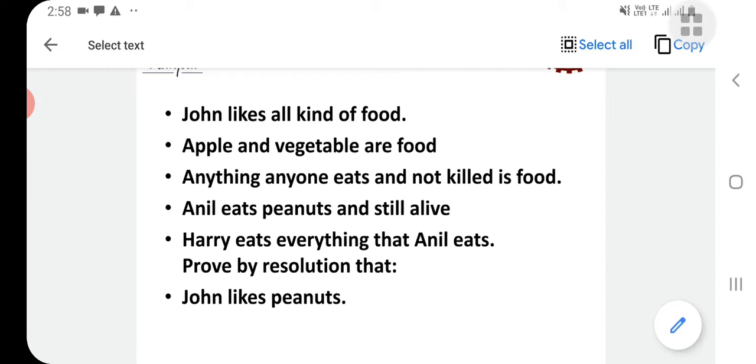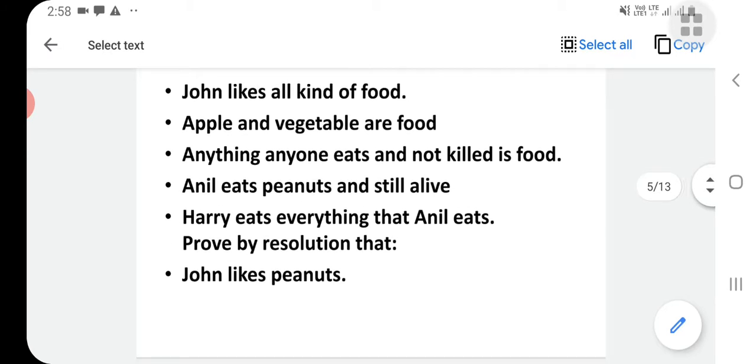Third, anything anyone eats and not killed is food. Fourth statement, Anil eats peanuts and is still alive. Fifth statement, Harry eats everything that Anil eats. So these 5 statements are given.